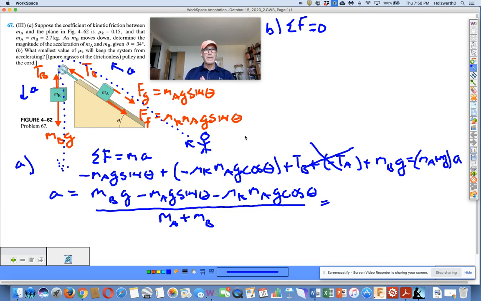So I'm not going to worry about this term over here. I'm not going to include this at all, but to say that we're just going to set the numerator of our expression equal to 0 and solve for mu sub k.